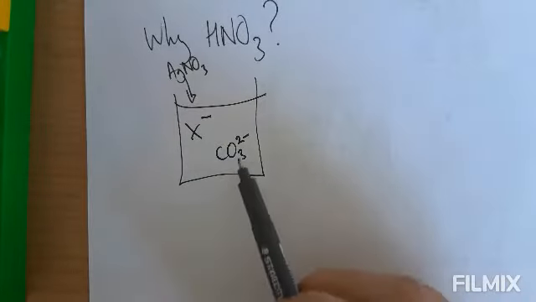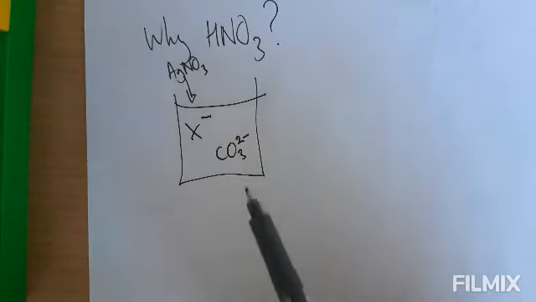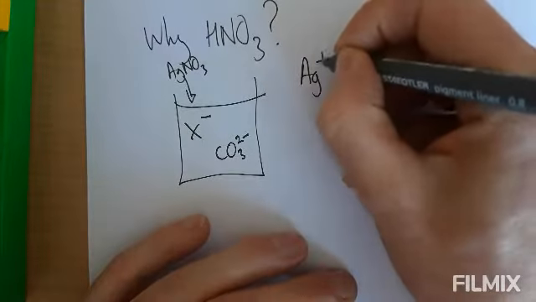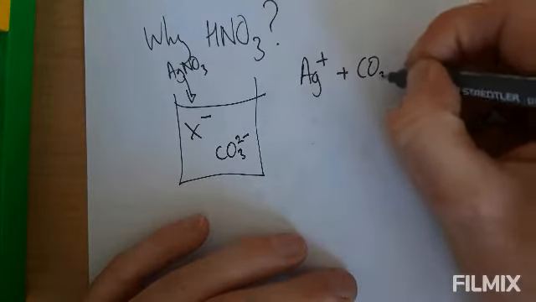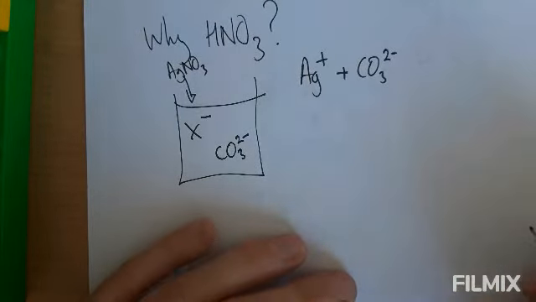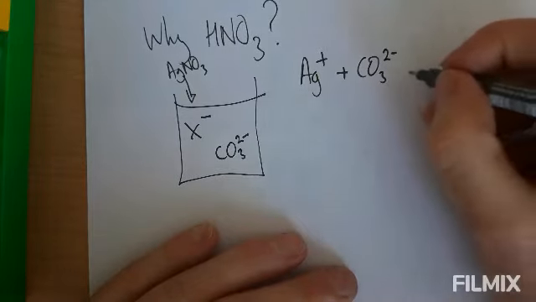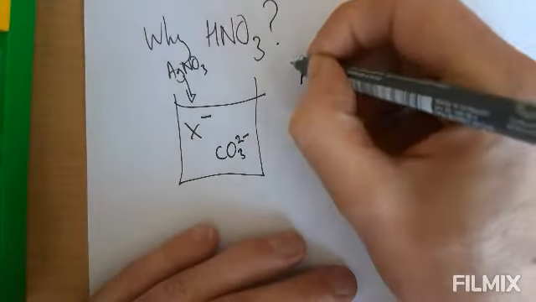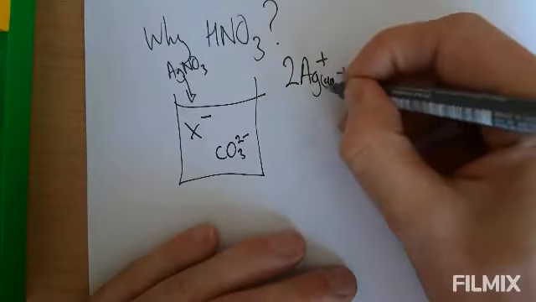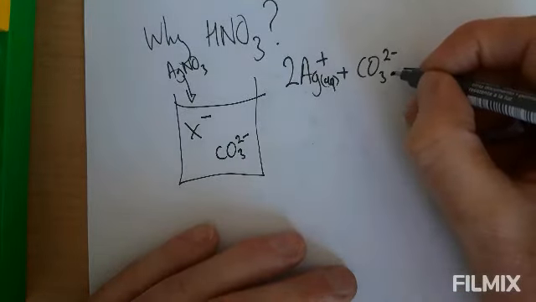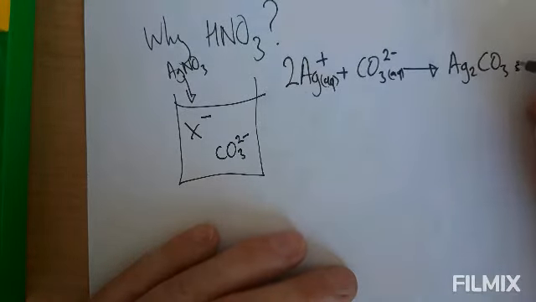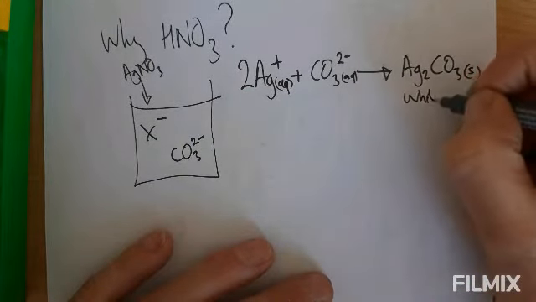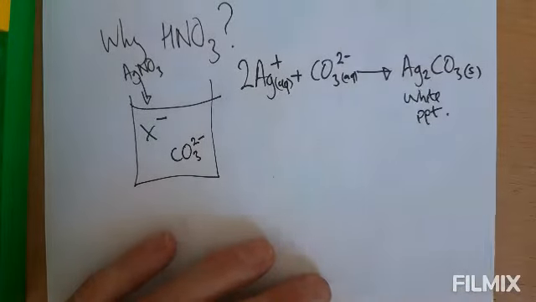And these carbonate ions can create a bit of a problem, because when silver ions meet carbonate ions, CO3 2-, you can get some Ag2CO3 formed. So you'd need two of these aqueous and one of these aqueous, and you can form silver carbonate, which is a white precipitate.